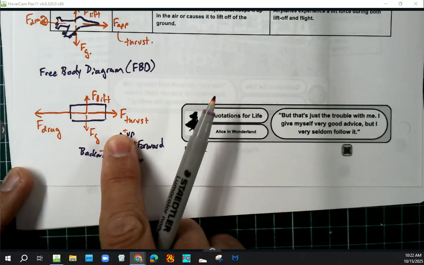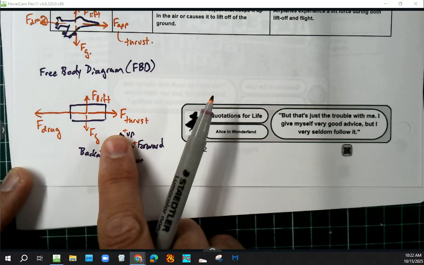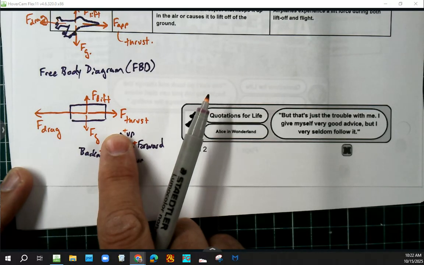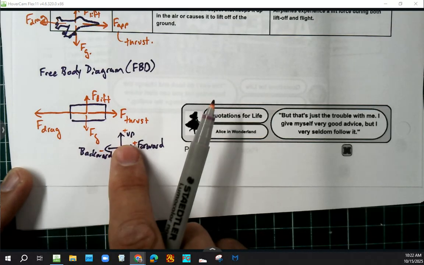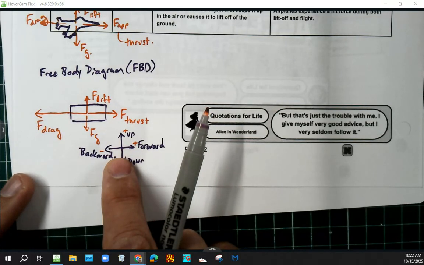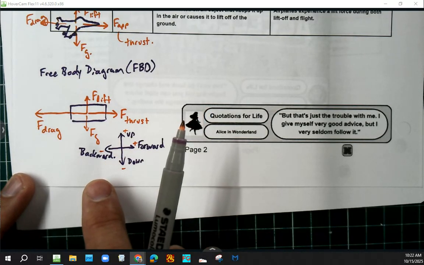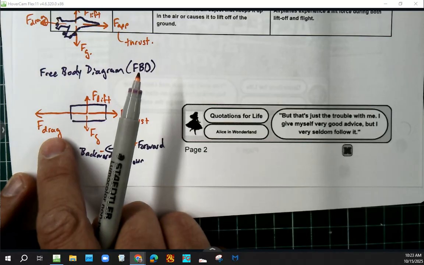Here's a question though. Can drag actually actively push you backwards like this? Think about it. If you've ever stuck your hand out the window of a rolled down car window, does it push the car backwards or slow the car down? Slows it down, right? Slows the car down. If you were in a parked car and you stuck your hand out the window, are you going to propel your car backwards?